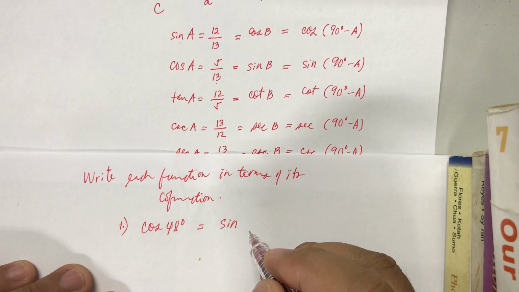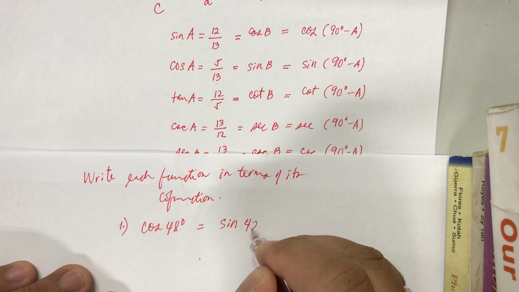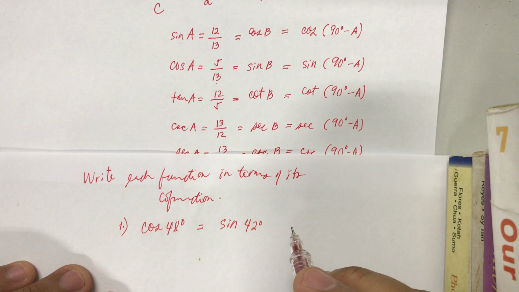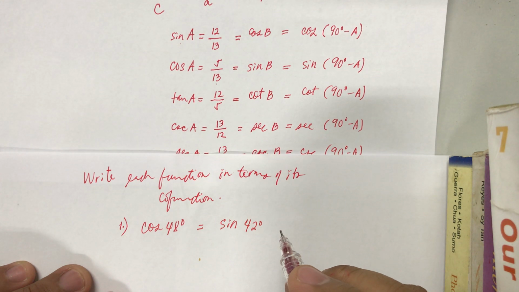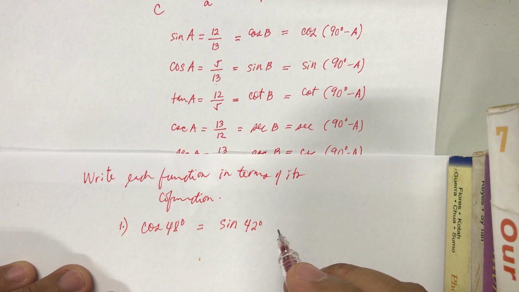The given angle is 48 degrees. Therefore, cosine 48 degrees would be sine of 42 degrees, since 48 degrees and 42 degrees are complementary angles, or when you take the sum of 48 degrees and 42 degrees, you will get a sum of 90 degrees.